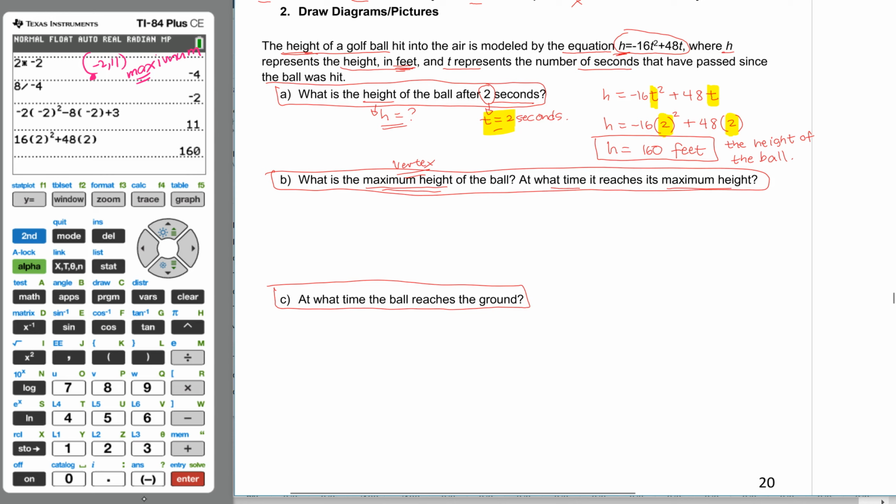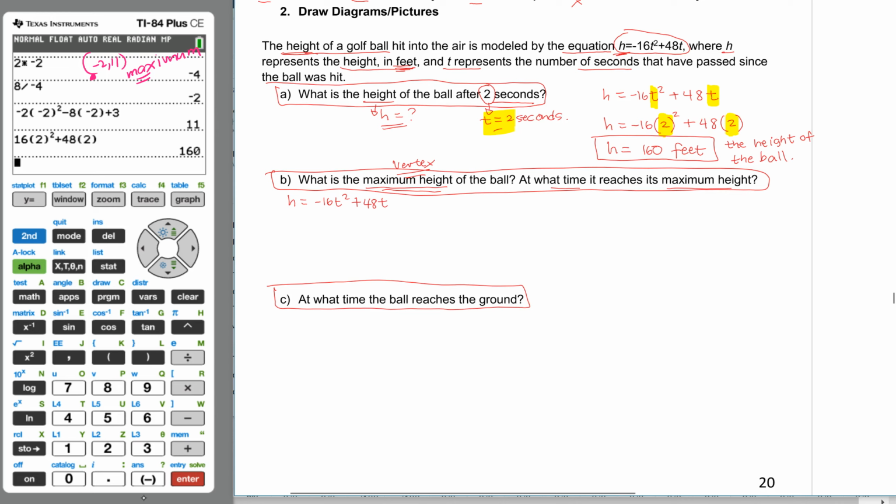So this is actually your turning point. So let's copy the formula first. We have here h equals negative 16t squared plus 48t.